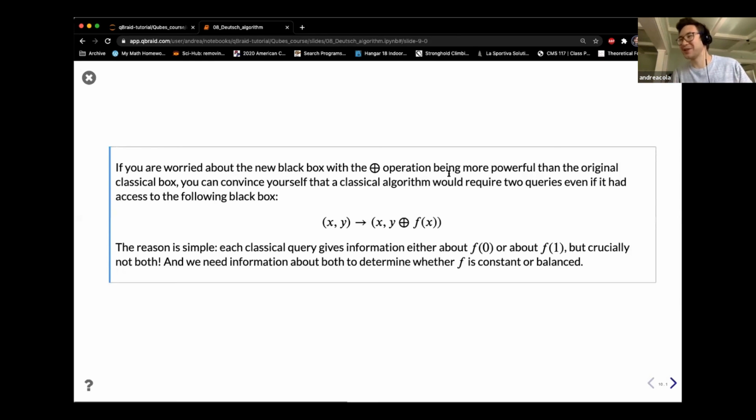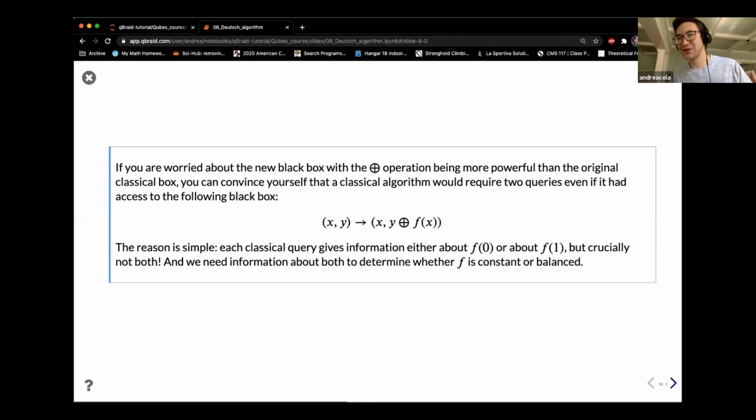The key will be that you can put, for example, the first bit or qubit x in superposition. Instead of having it be either 0 or 1, you can put it as 0 plus 1. Then on the other side, you would get a superposition of things that depend on f of 0 and f of 1.